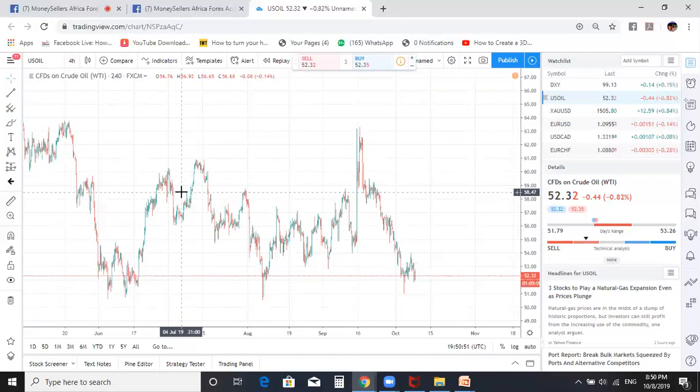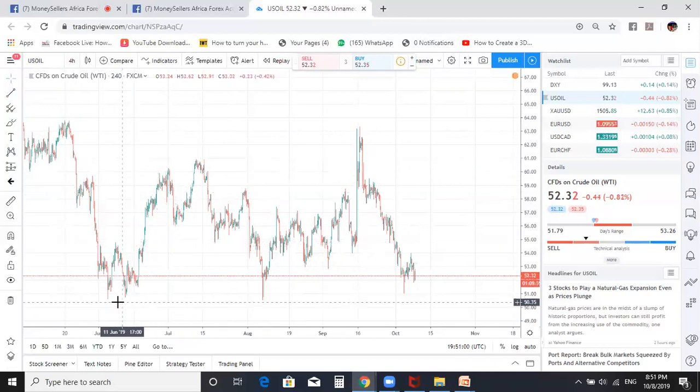But before I go into identifying it for you, I need to define what the support means and what the resistance means. A support is basically the floor, that area where the price gets to, where it touches and then it bounces back.